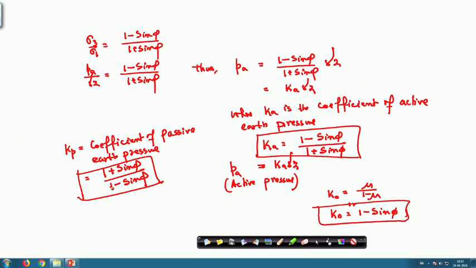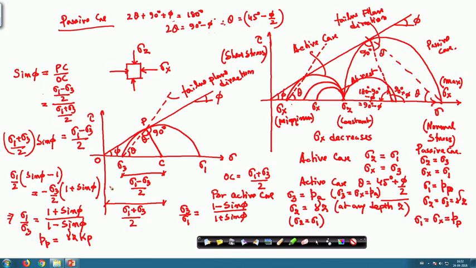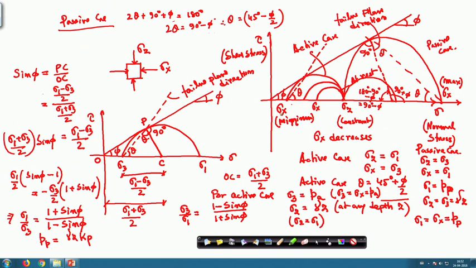And before I go to the next part, just remember that in case of active, your sigma z is equal to sigma 1 and sigma x is equal to sigma 3, but in case of passive, sigma z is equal to sigma 3 and sigma x is equal to sigma 1. You can see this from these two Mohr circles.